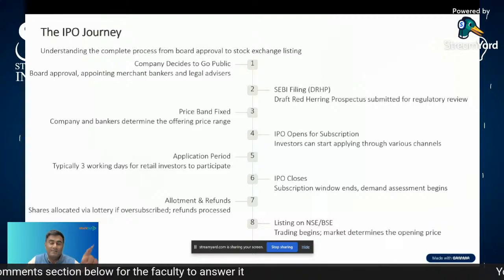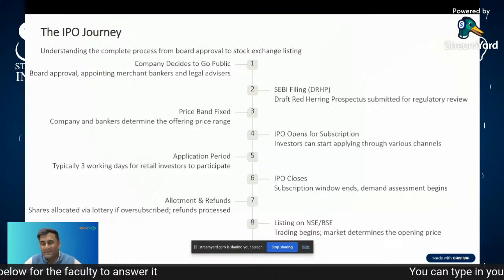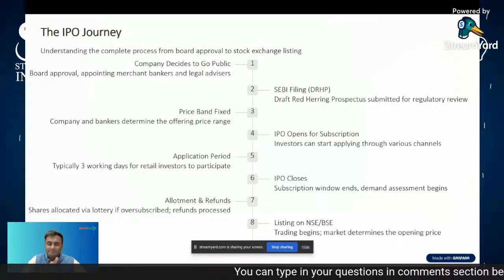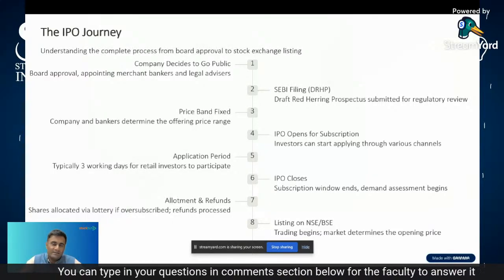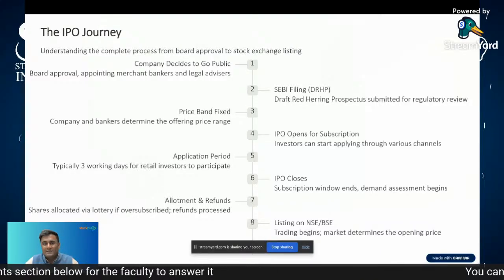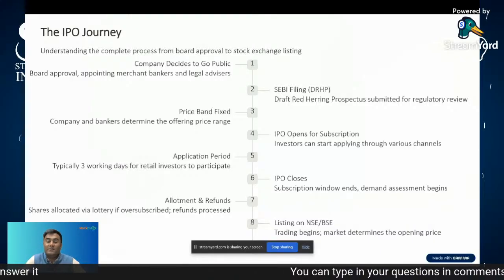It will still be counted in your AQB. AQB is your average quarterly balance. Okay, so the refund process is this one. If you don't get an allocation, that money is released from the block. It has never really left your account.